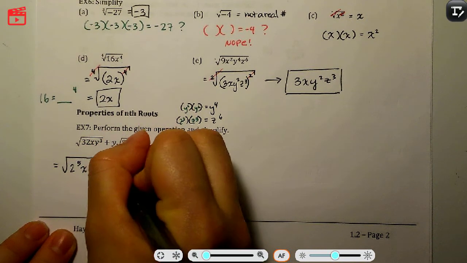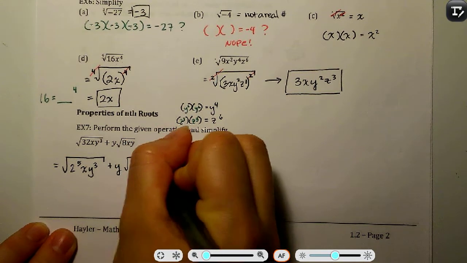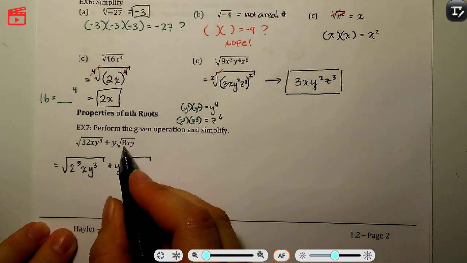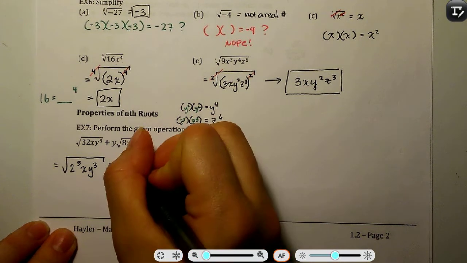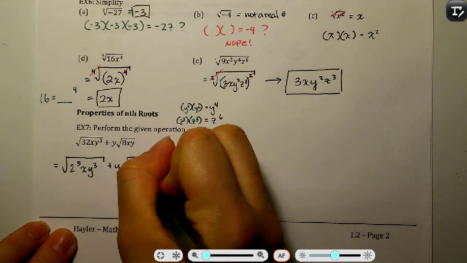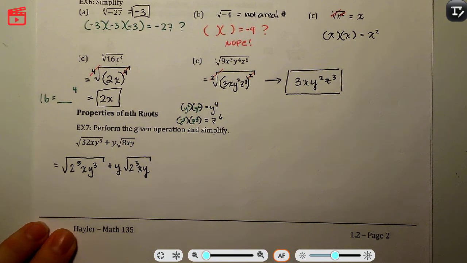Now plus, let's see, can 8 be written as an exponent? Yeah, that's 2 to the third power, right? 2 times 2 times 2. Yeah, 2 to the third power. x, y. Okay, so let's see if we can simplify something in these radicals.